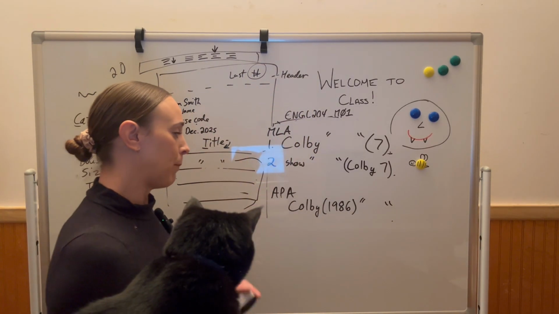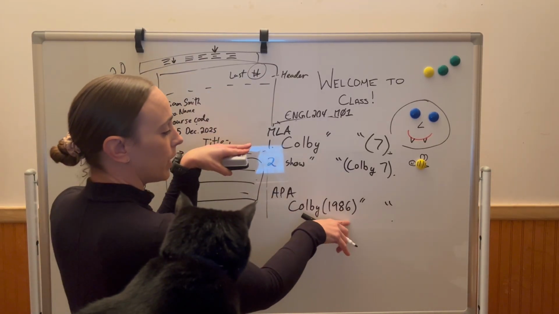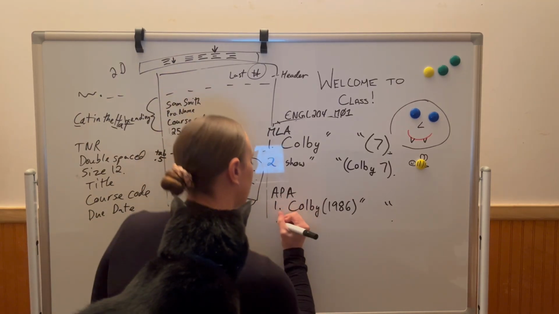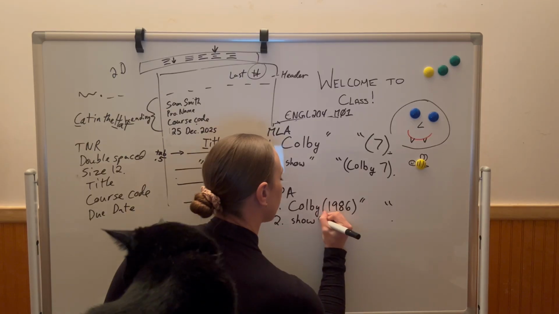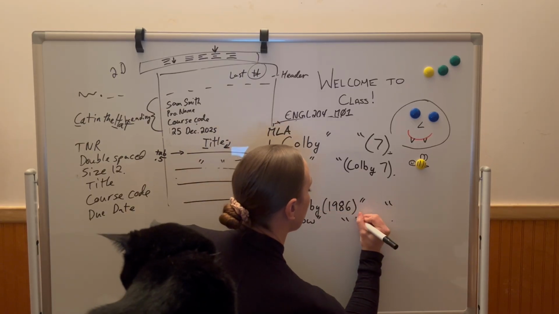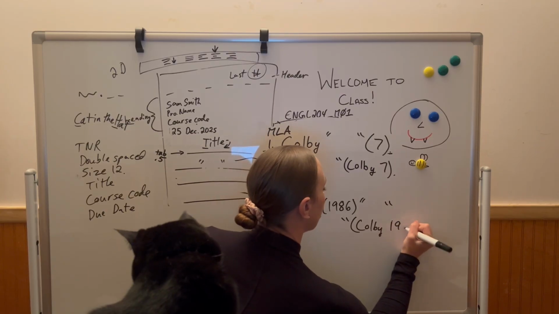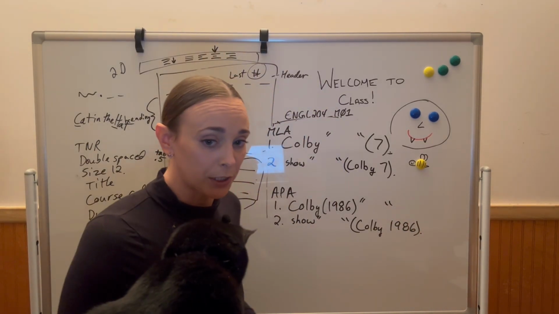And then with APA, just like before, with the name at the beginning, with the year, with the quotation marks. The other way of doing it is if you do not have the author's name, you have the quote, and then at the end, you have Colby with the year. Again, not the page number, but the year that it was published.